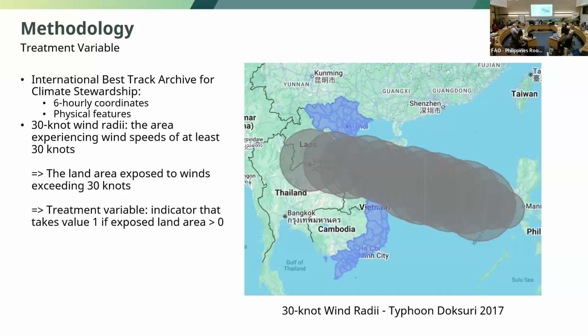We also know the 30-knot wind radius, which is the radius around the storm center that would experience wind speeds of at least 30 knots. We overlay the wind radius over the administrative boundaries, and we can compute the land area exposed to wind speed exceeding 30 knots. Our treatment variable in this case is an indicator that takes value 1 when a province has a strictly positive exposed land area.